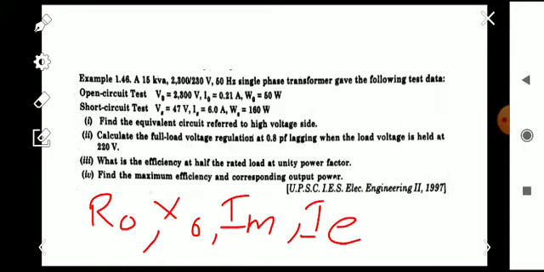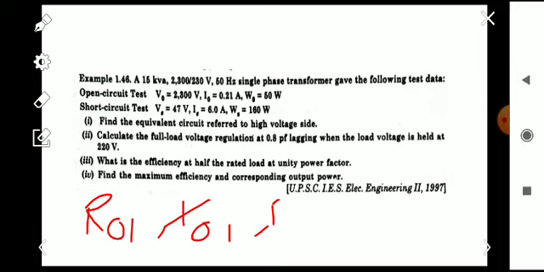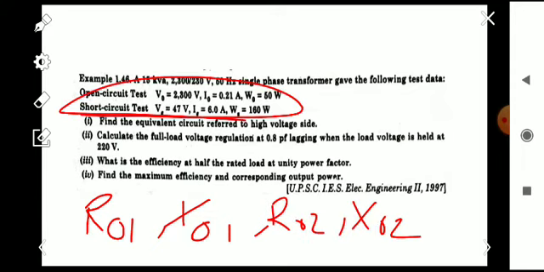These four can be found from the open circuit test, and from the short circuit test we can find the corresponding equivalent resistances and reactances based on a particular side, that is the primary and secondary: R01, X01, and R02, X02.